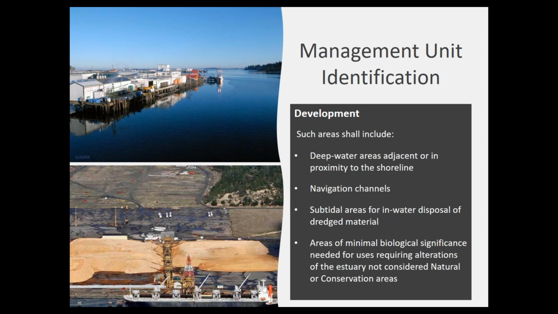So they may actually have some sort of inventory in this area, but it's been considered minimal biological significance, or when the plan was developed, there were areas that were increased to be more natural to offset the development.